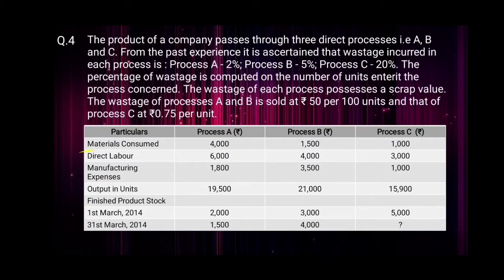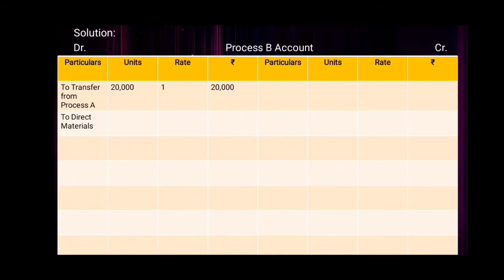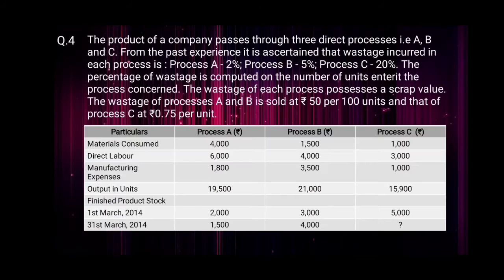Now material consumed for process B account is given as 1,500. To direct materials, amount will be 1,500. Direct labor for process B is given as 4,000.